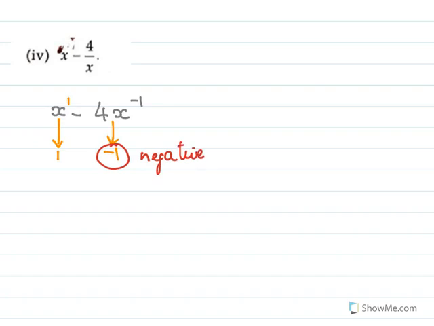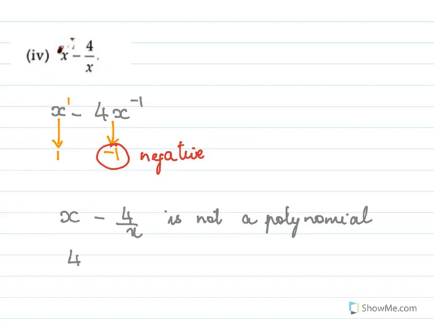And hence it is not a polynomial. So x minus 4 over x is not a polynomial. And the reason is one term, that is 4 over x, has negative power.